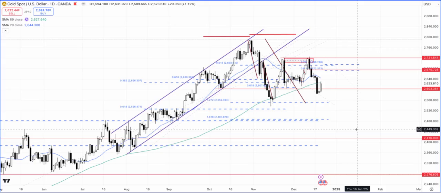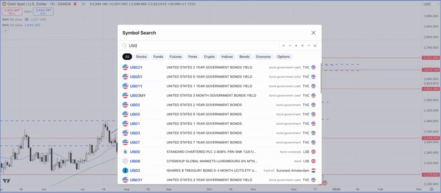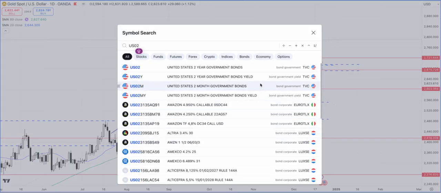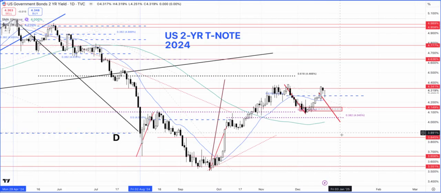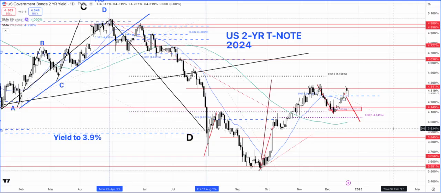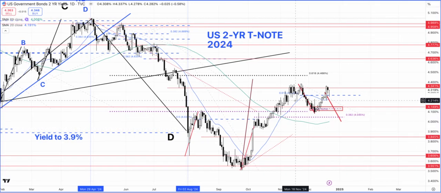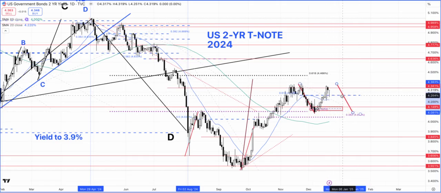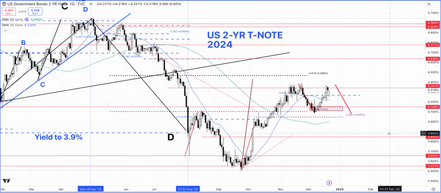Let's cover the bond market. So let's take a look at the 2-year treasury notes. This is going to be the shorter end of the curve. Look at this. Now, something really interesting. If we look at the Fed fund rates, which is what Mr. Powell, the chairman, did, he announced a 25 basis point cut, and the 2-year treasury note and the Fed funds rate are now very, very close.